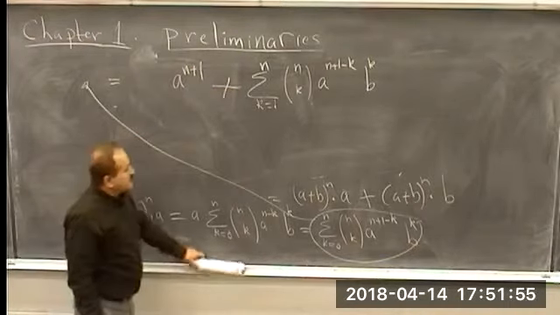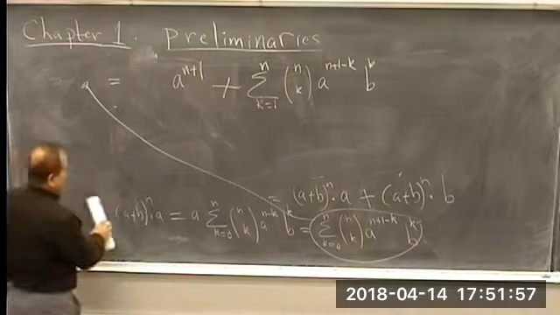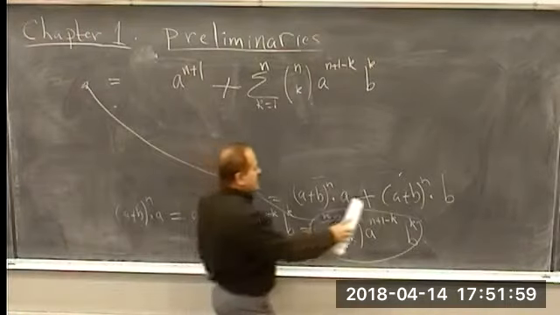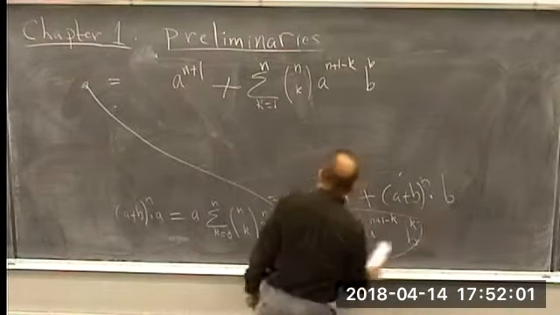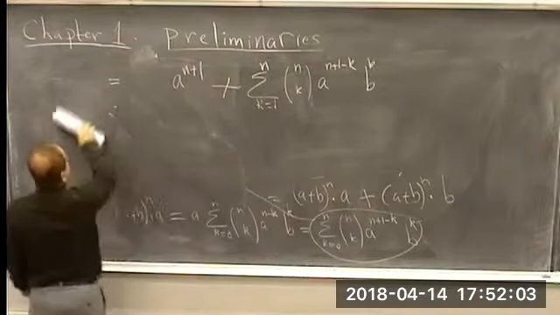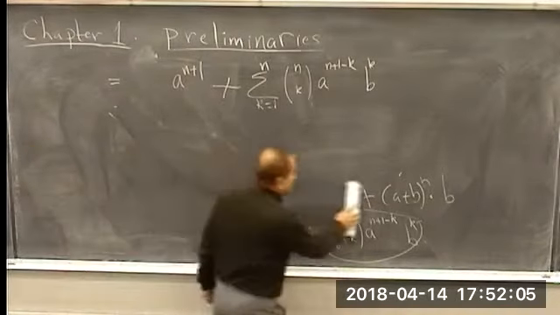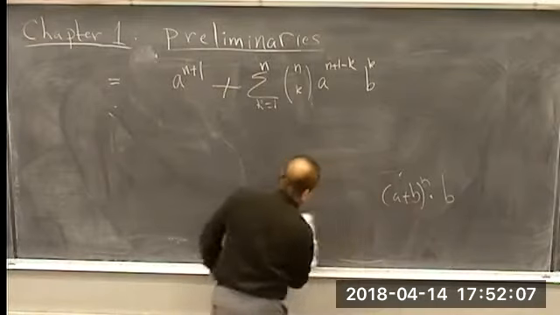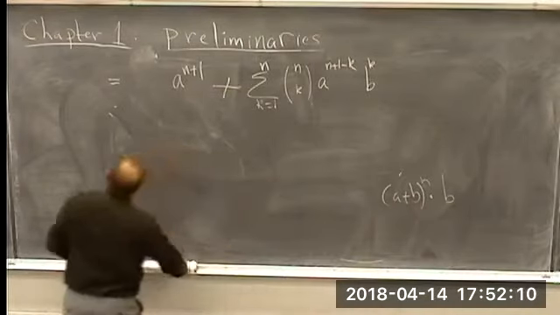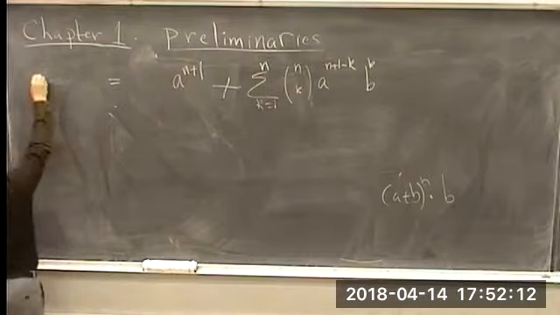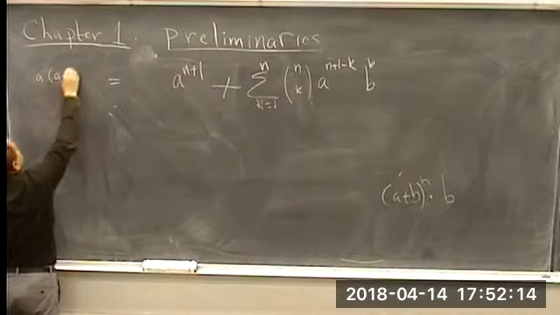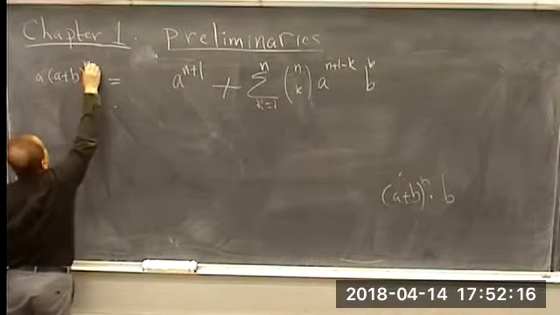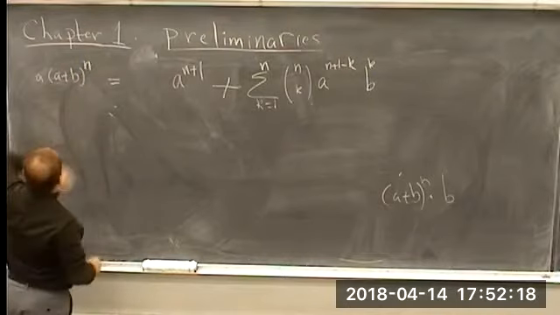Okay, let's do the second one, which is a plus b to the n times b. Okay, so let's write that down. So remember, this one is the a times a plus b to the n, which is the same as that one.